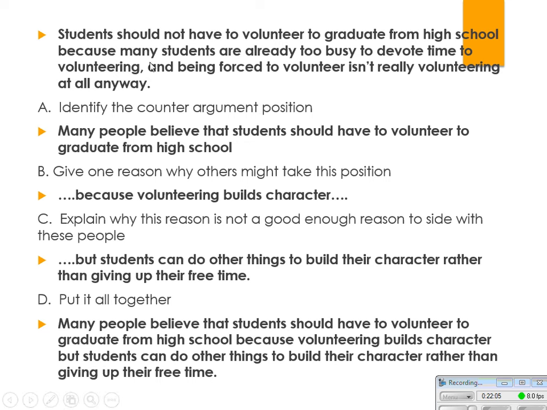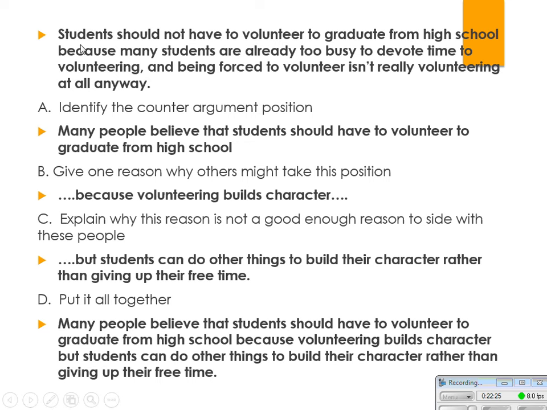Now the counter to that would be that students should have to volunteer. That's the opposite. But remember, when you create a counter argument, you let people know there are other people that believe that. Not you, but others. So if your thesis says students should, your counter argument says, well, others believe that students should not.